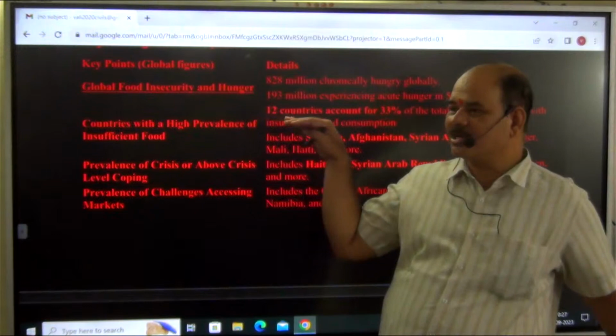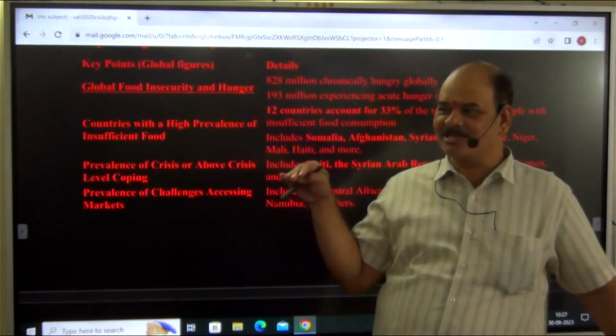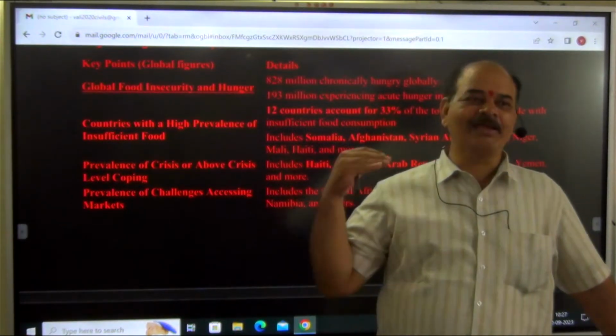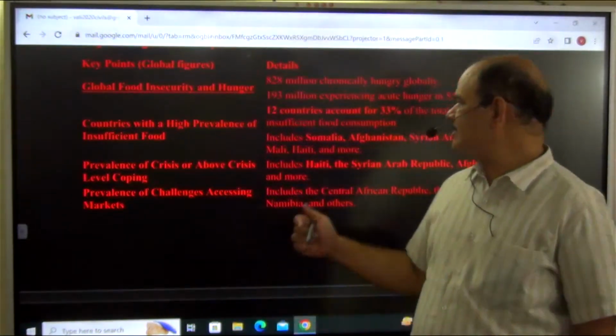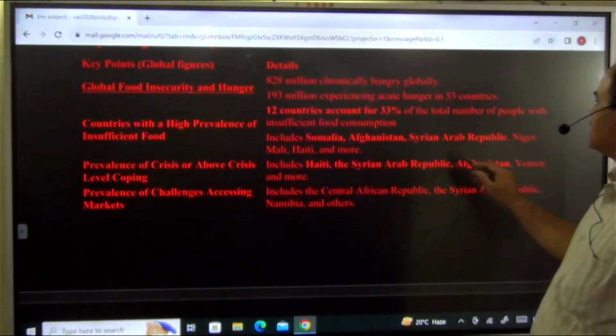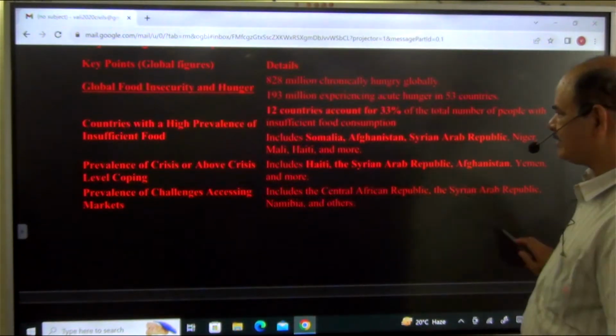So if a person consumes food that gives less than that, they are considered to be taking less food than required. Insufficient food consumption includes Somalia, Afghanistan, Syrian Arab Republic, Niger, Mali, Haiti, etc.